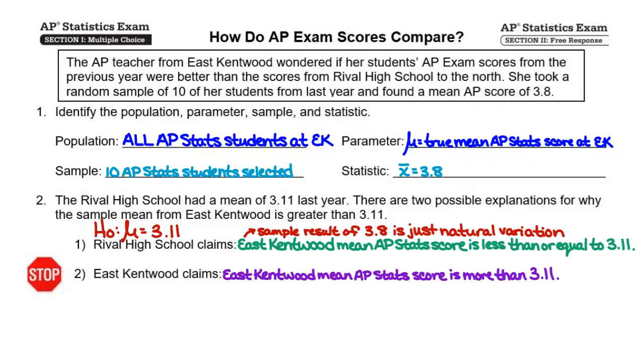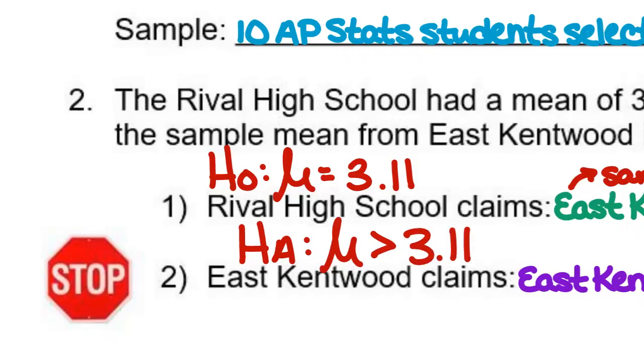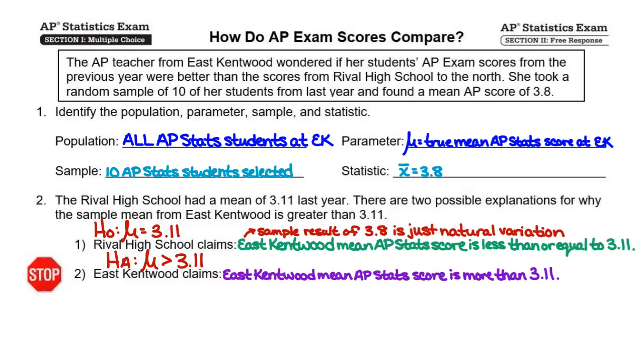So East Kentwood's mean AP Stats score is more than 3.11, or my HA would be that mu is greater than 3.11. So either East Kentwood has the same or worse AP exam score, or it's better on average. Those are our two possibilities.